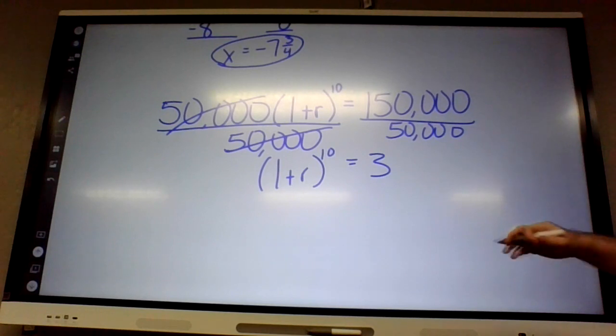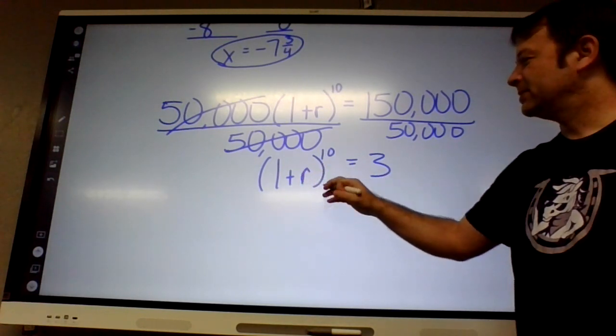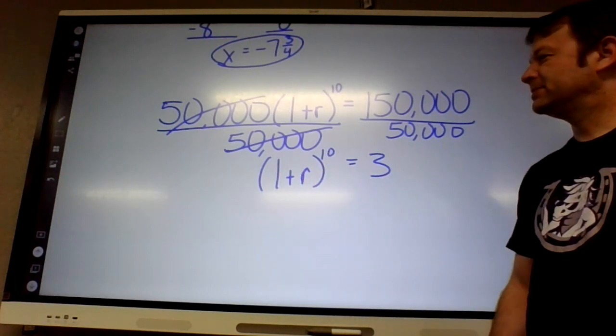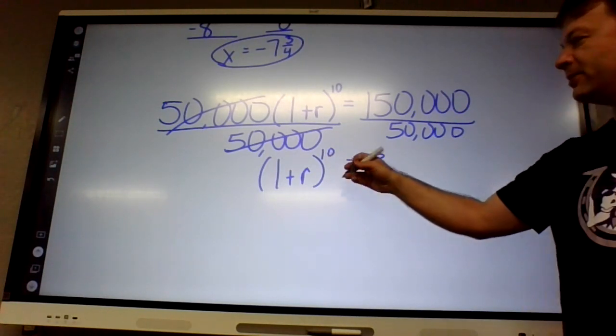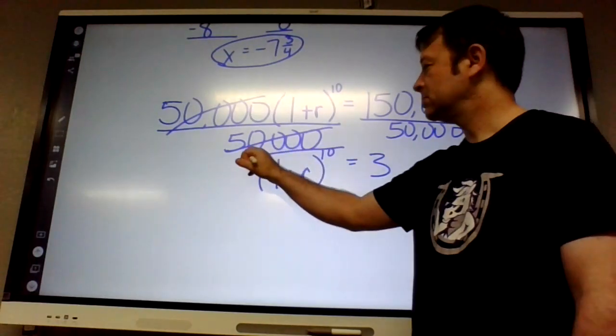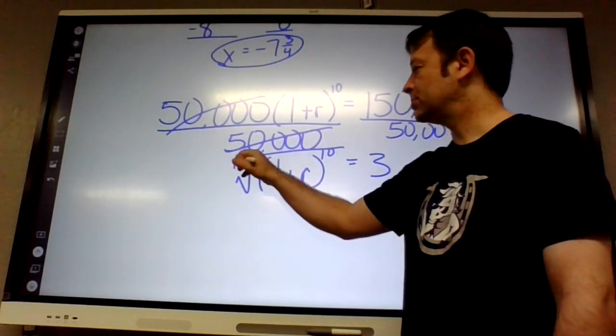Okay, still trying to get to that R. You do the 10th root? Yeah, it's trapped by this 10th power. How do I get rid of a 10th power? A 10th root.